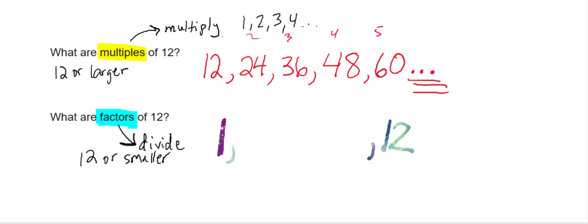So the only other possibilities are every number between 1 and 12. Now I'm going to work my way up from the smallest number 1 to the next smallest number 2 and ask, does 2 divide into 12? Yes, 2 divides into 12 evenly.